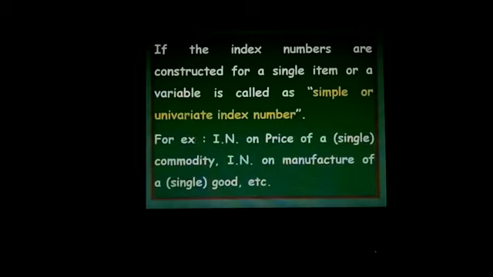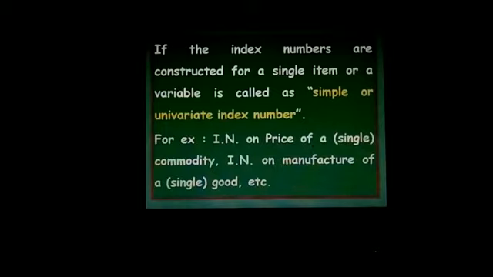For example, index number on price of a single commodity, index number on manufacture of a single good, etc. Wherever a single variable, single item is used in the construction of index numbers, it will be called a simple or univariate index number.